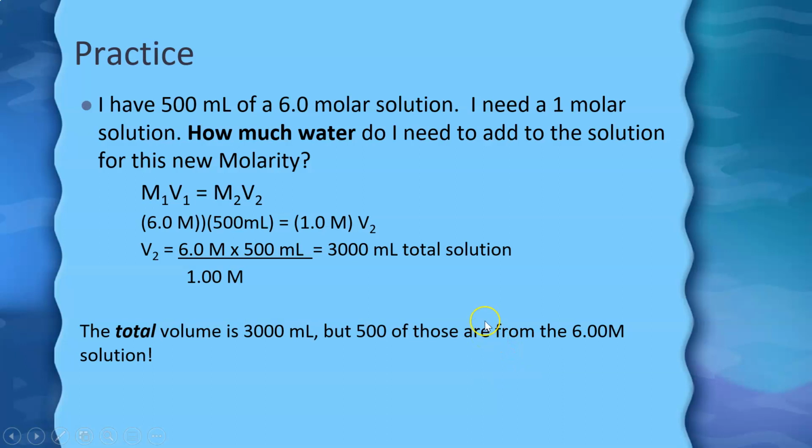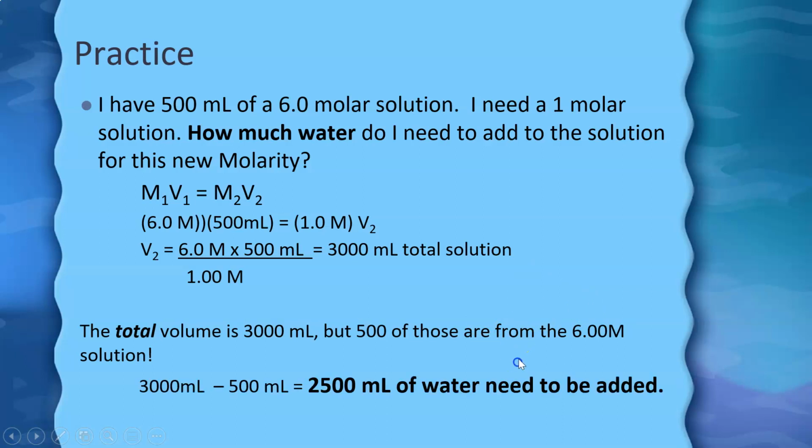If I added 3,000 milliliters of water, I would have ended up with 3,500 milliliters of total solution, and it would be too dilute. I actually only need to add 2,500 mils of water, because 2,500 plus 500 gives me my 3,000 milliliters of total solution. So that V2 is not the amount of water I need to add. V2 is the total amount of solution that I'm going to get.